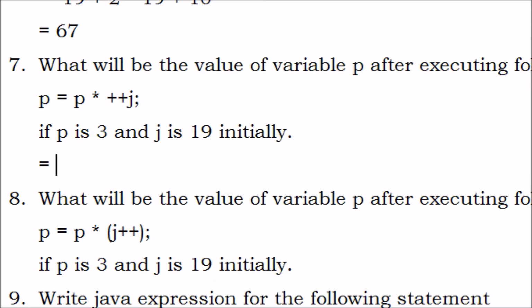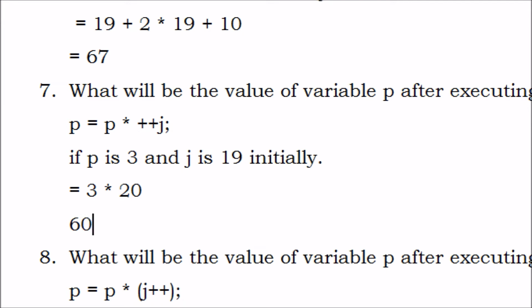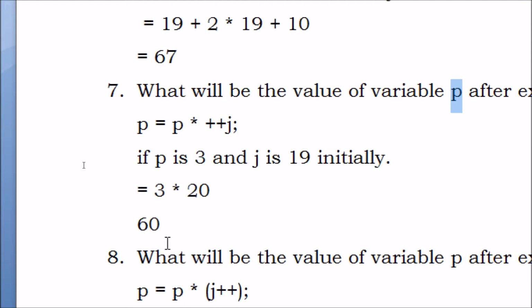So p is 3 and multiplication sign, and what value do I put here? Again it's pre-increment, so I have to consider the incremented value, which is 20. So j was 19 and it will become 20, and 20 I will place here. So I will get the final answer as 60. The value of p will be 60.